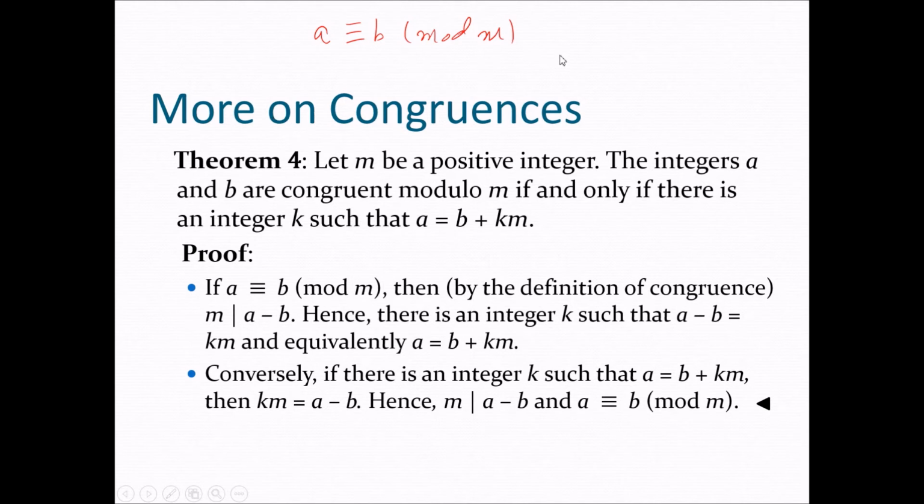By the definition of congruence relation, if a is congruent to b mod m, then m divides a minus b. By the definition of divisibility, m divides a minus b means a minus b can be written as an integral multiple of m, multiplied by some integer k.